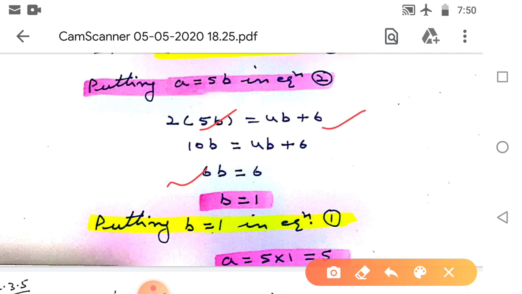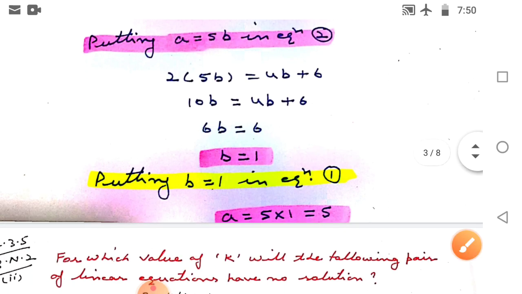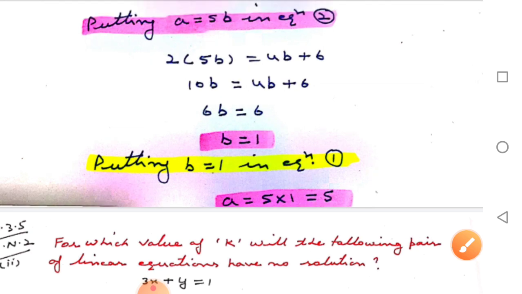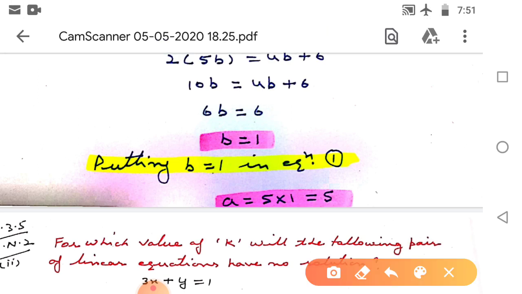So, 6b is equal to 6 and b is equal to 1. Now, after putting the value of b is equal to 1 in equation 1, we get a is equal to 5b, that is a is equal to 5 into 1, that is a is equal to 5. So, the value of a is 5, the value of b is 1. Right?